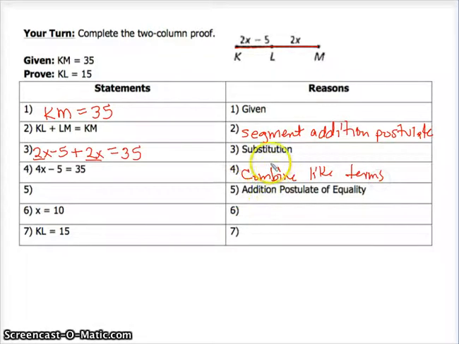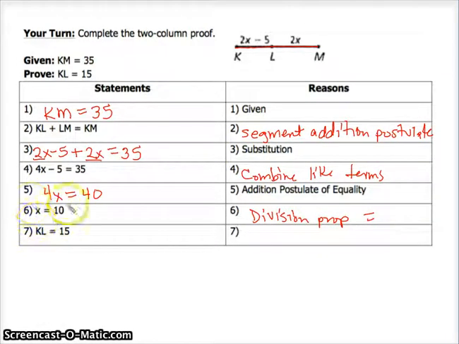Now the addition property of equality says that I need to add to both sides. So I'm going to be adding 5 to both sides, and I'm left with 4x equals 40. Now I've got to divide both sides by 4, so that's the division property of equality.